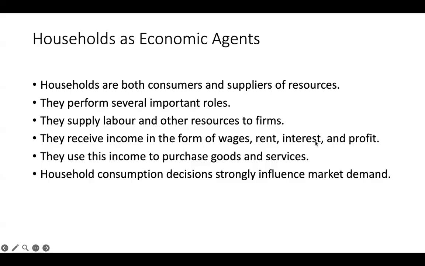As an entrepreneur, when you combine the various activities to come up with a production activity or to sell your goods, you receive profit. When they receive this income, they use it to purchase goods and services. Consuming these goods and services creates the demand in the economy.